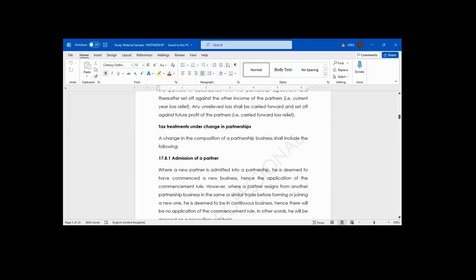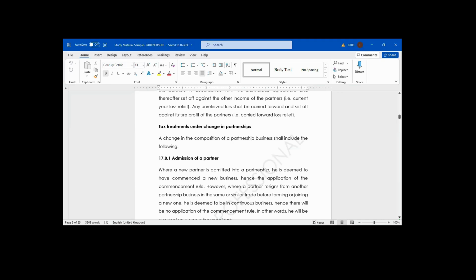First, we need to look at admission of a partner. When a new partner is admitted, what is the treatment?